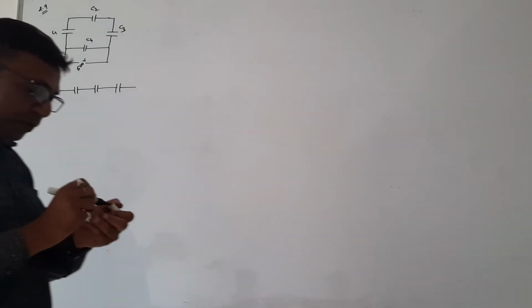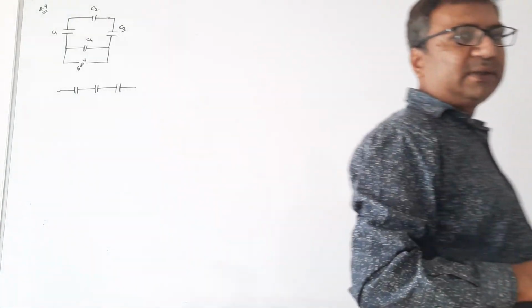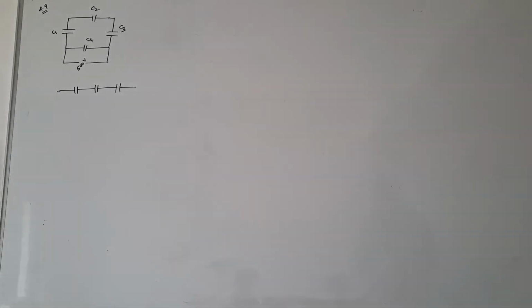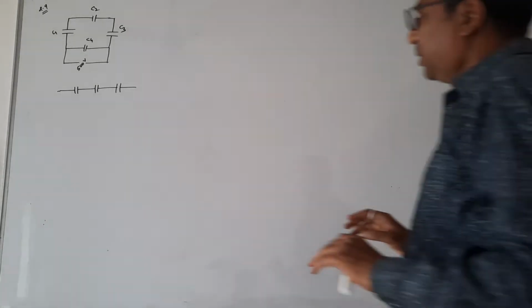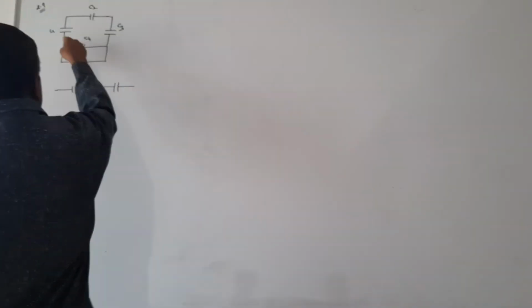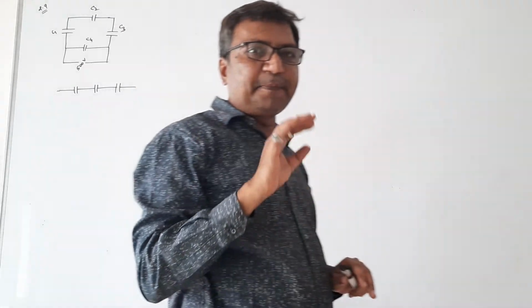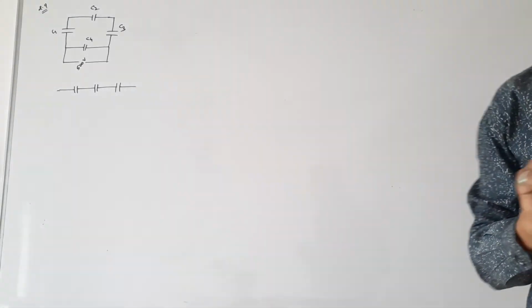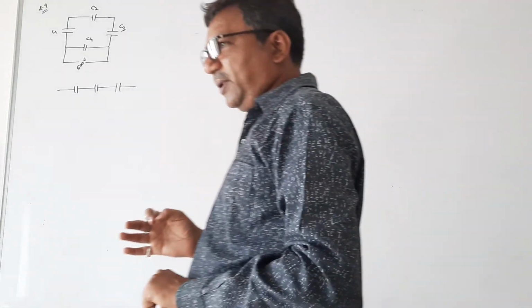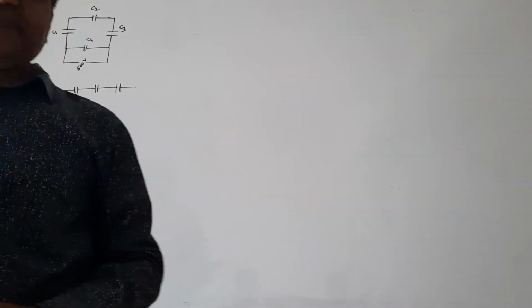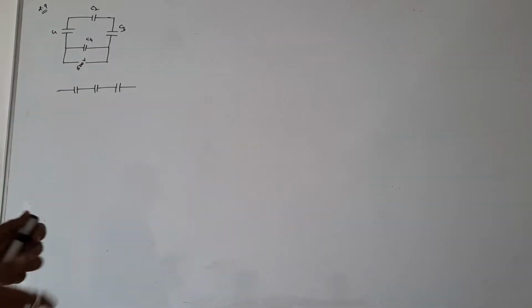And when you find any junction with three ways, three paths, mostly it is a parallel connection.